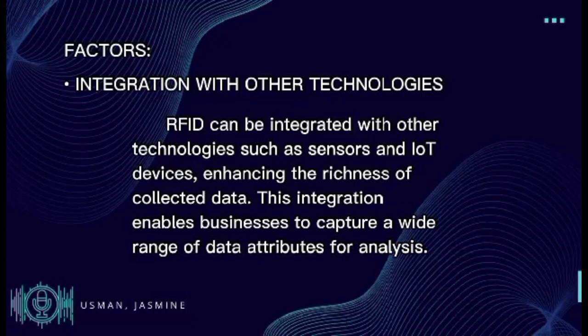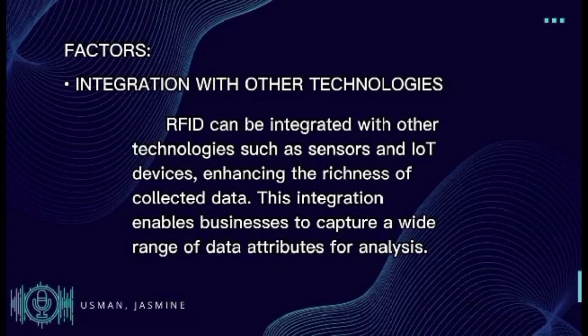It means that RFID technology, when integrated with sensors and IoT devices, expands the scope of collected data beyond just movement and location. This integration enriches the dataset with additional attributes like temperature or environmental conditions, providing businesses with a more comprehensive set of data for analysis and decision making.